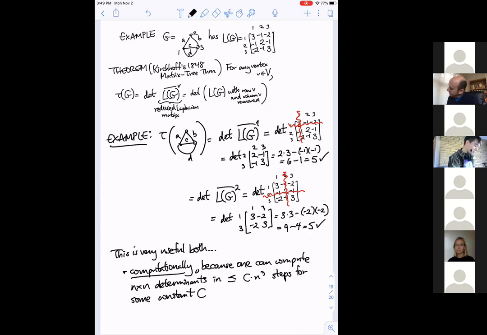And the way you do it is via Gaussian elimination, something that you've all seen. The idea is that the same steps that you do when you row reduce a system of n equations and n unknowns governed by a matrix A, you do things like adding multiples of one row to another one. That does not affect the determinant at all. You swap two rows.